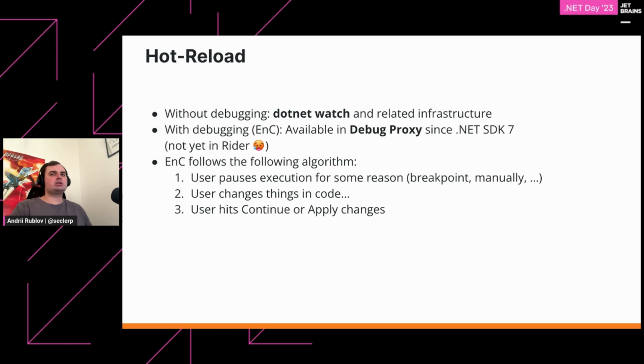The new code is compared to the old one, resulting in three very important components: the changes that occurred in the IL code, the changes that occurred in the assembly metadata, and the changes that occurred in the debug symbols. The Roslyn compiler infrastructure can calculate all these, but it's very important to correctly track the user's actions in the virtual workspace in Rider, for example, so as not to lose even a small change.